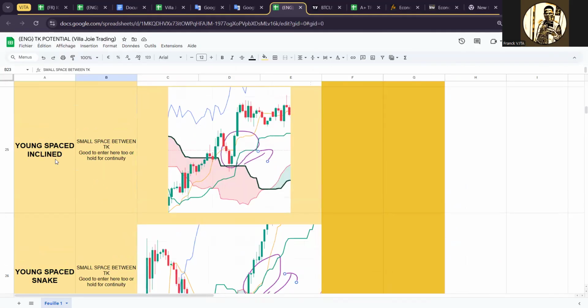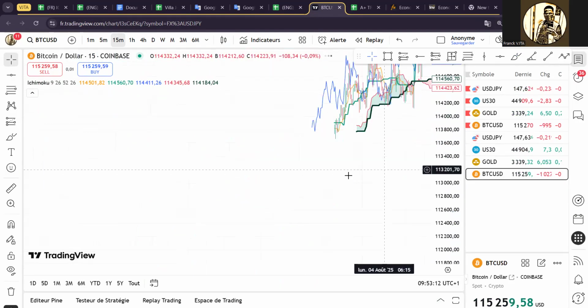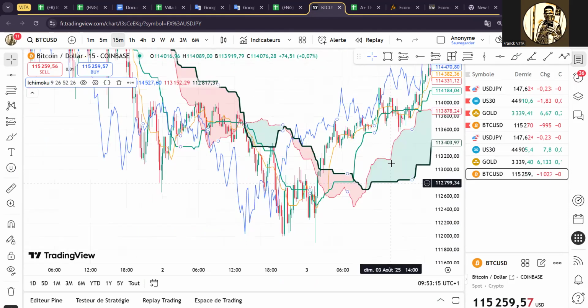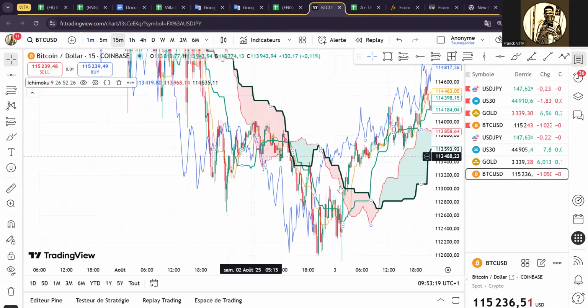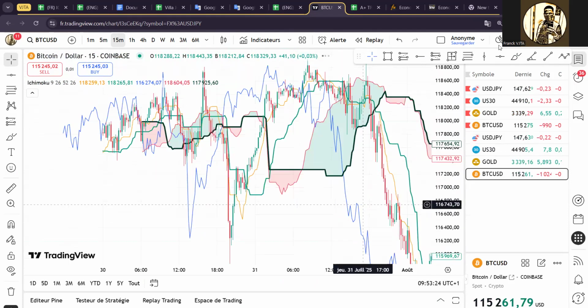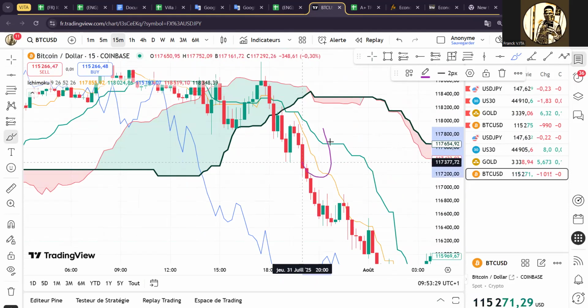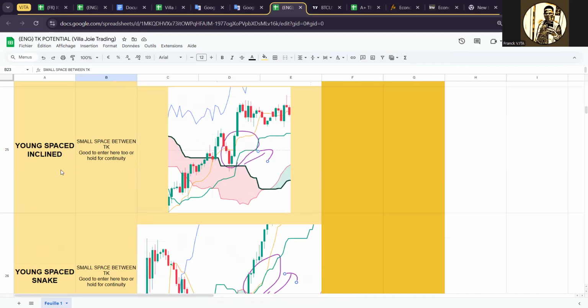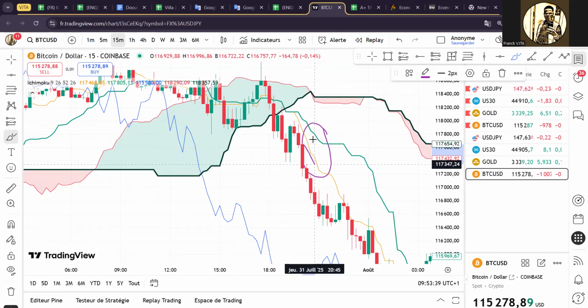Then you have yon space incline. So yon space incline is like you are above the cloud, and yon is not a big separation. For example, this one. You are already on the other side of the cloud, and all of this is yon. It's more of yon space snakes because Tenkan and Kijun are both inclined to the downside.